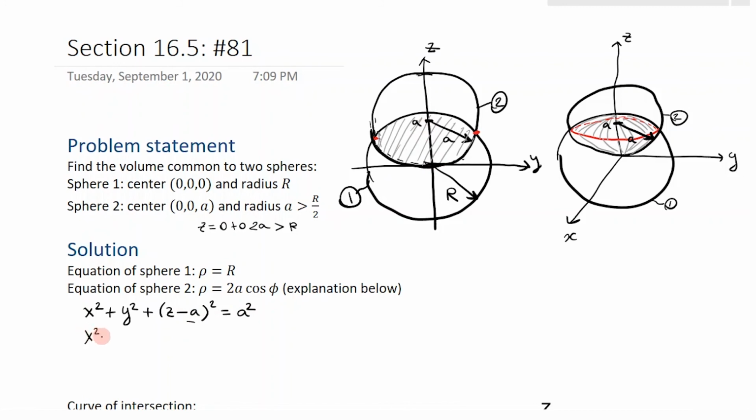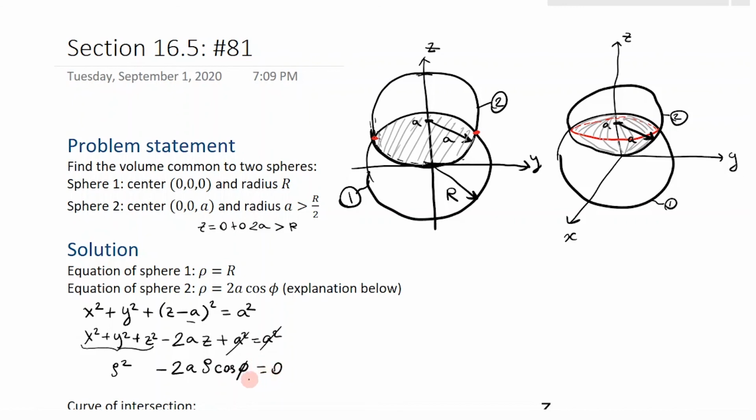If I expand this, I get x squared plus y squared plus z squared minus 2az plus a squared equals a squared. The a squared cancels, so we get rho squared minus 2a rho cosine phi equals 0, because z equals rho cosine phi.